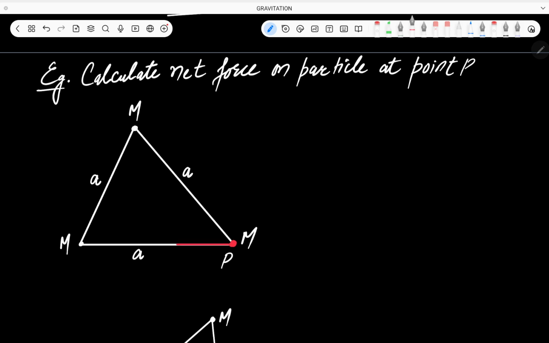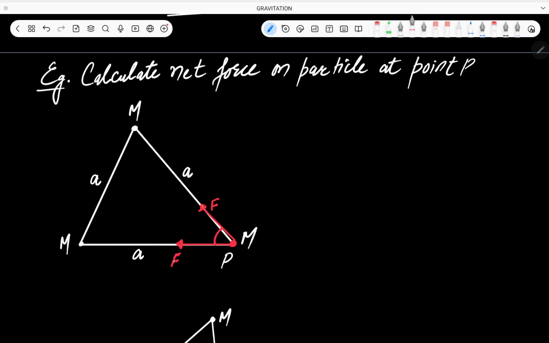So one force is along this direction. Another force is along this direction. Both the forces are attractive in nature. Now can you tell me what is this angle equal to?